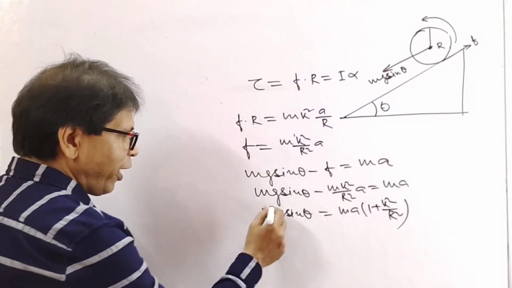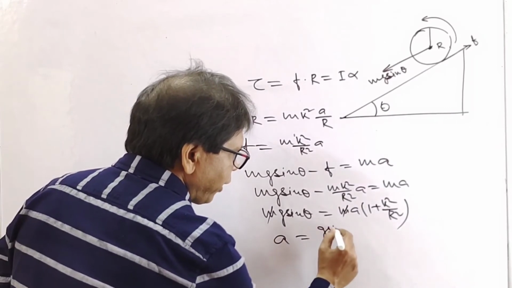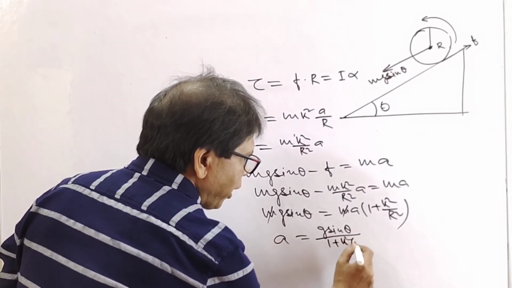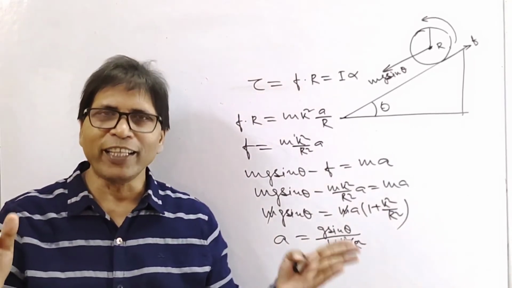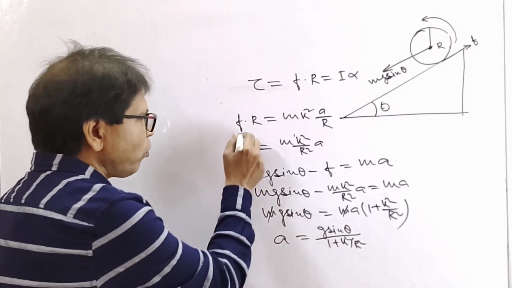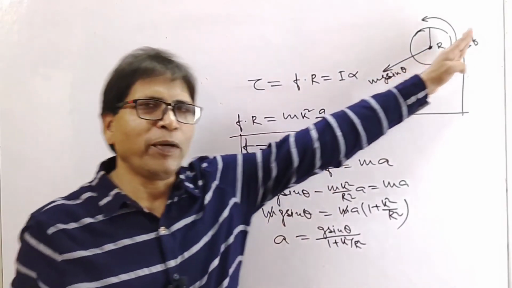Okay, now m cancels out, so a equals g sin theta divided by (1 plus k square by r square), which is the acceleration of rolling down an inclined plane, and here f is the force of friction acting on the body up the plane.